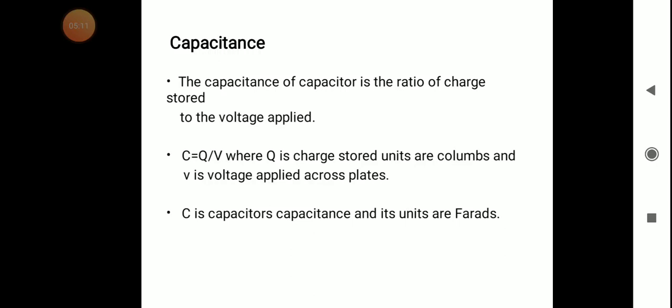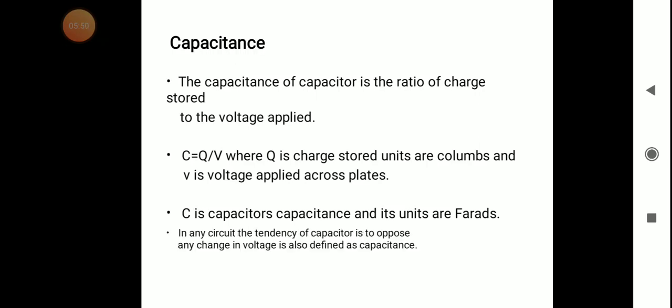The capacitance is the ratio between the charge stored in the capacitor and the applied voltage, that is Q by V. The units of V are volts. The unit of capacitance is the farad. Already you know that.